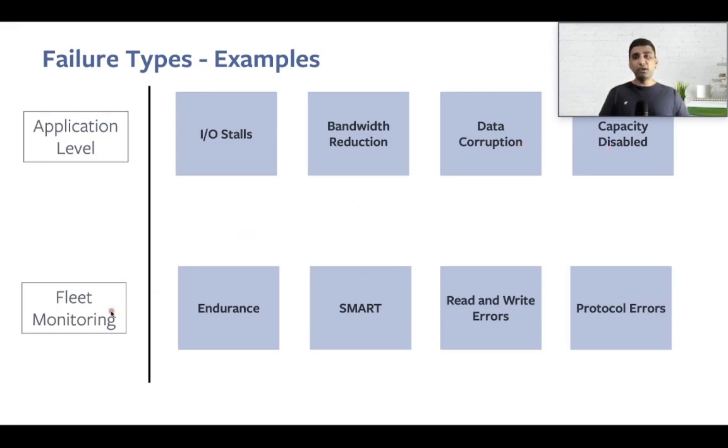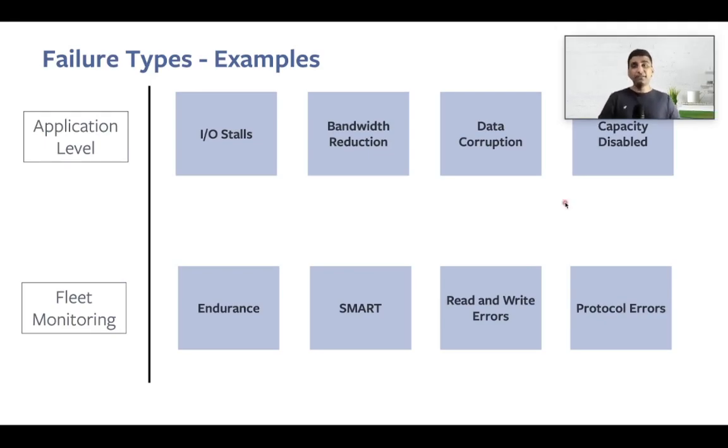From a fleet monitoring point of view, on an individual SSD, the failures get triggered for various reasons, for example an endurance limit of an SSD reaching its threshold, SMART attributes exceeding the thresholds set by Facebook for those individual attributes, a high amount of read and write errors, protocol errors, or various types of interface errors happening due to a flash device.